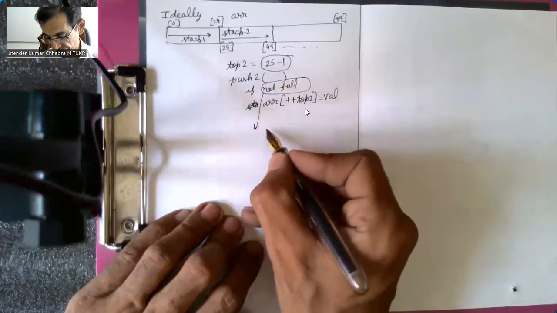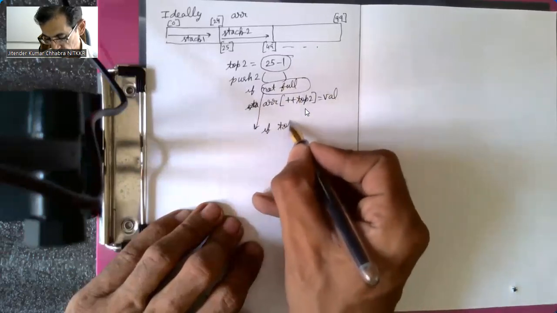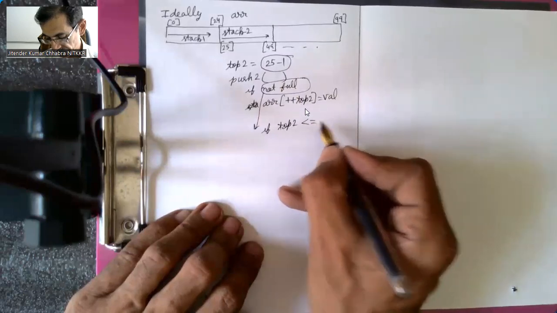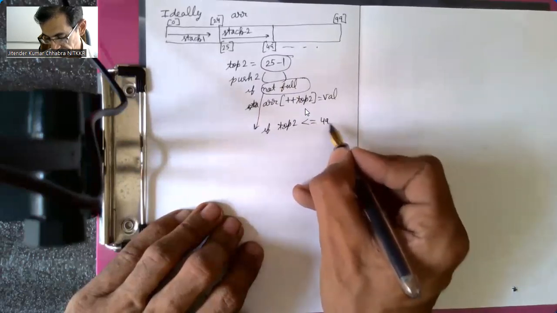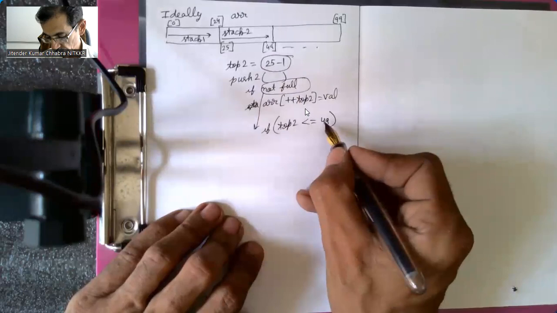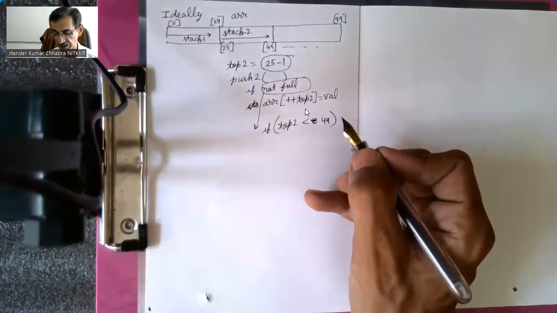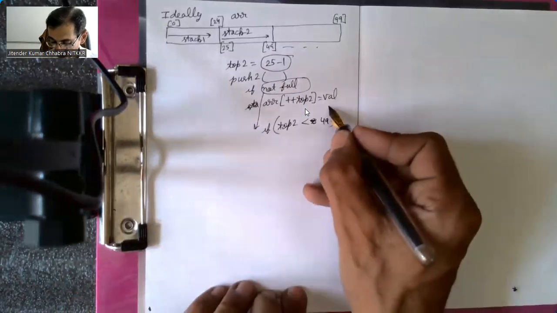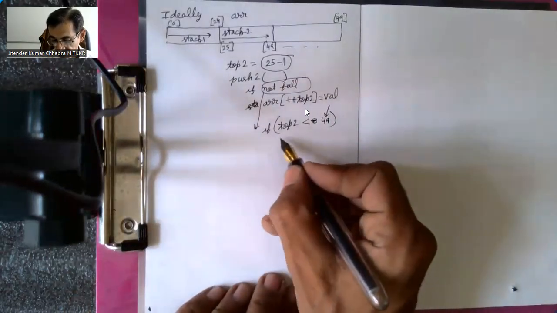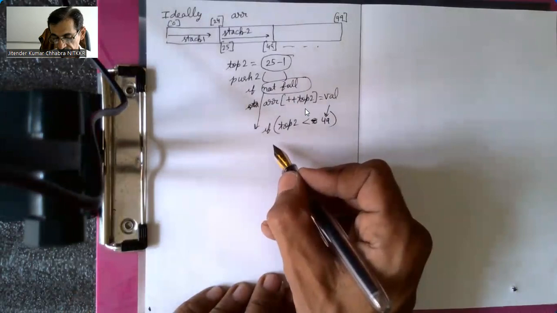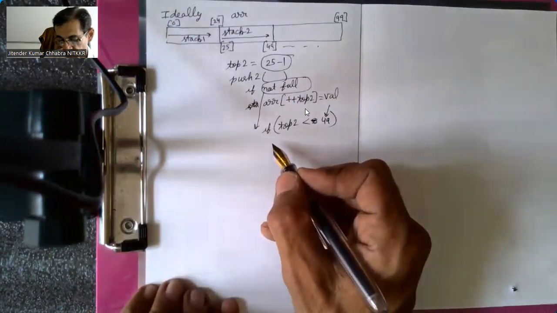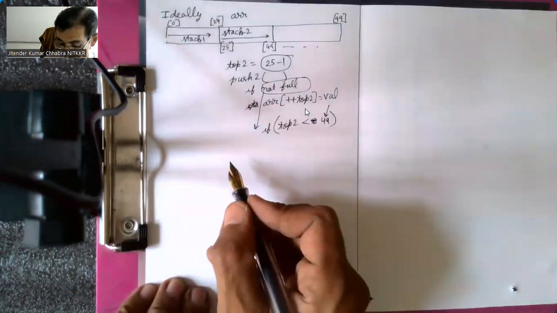Full means I will say if top 2 is less than 49, because 49th will be the last location where I can fill. So if top is less than 49, it is not full. Effectively, the whole coding is well defined through this process.